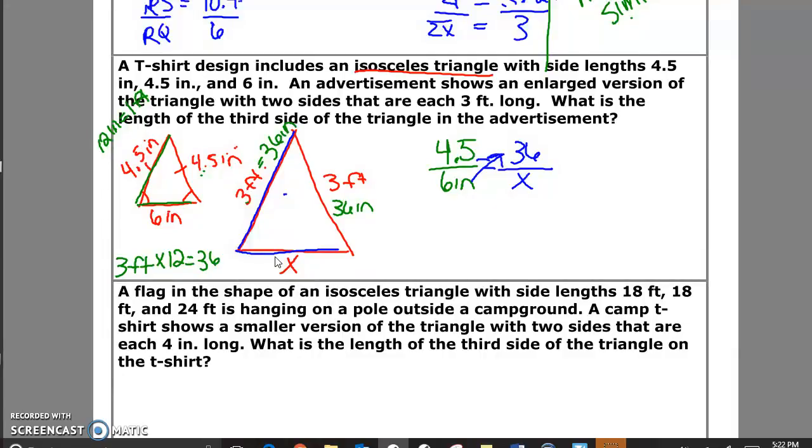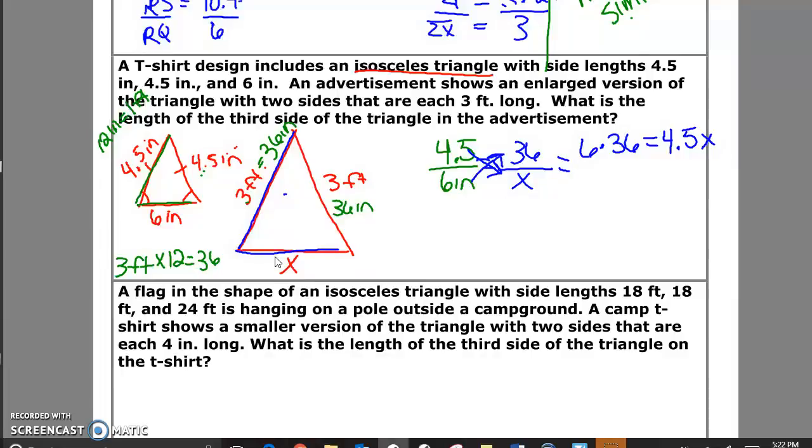So first, we've got 6 times 36, and then we've got 4.5 times x, which is just 4.5x.